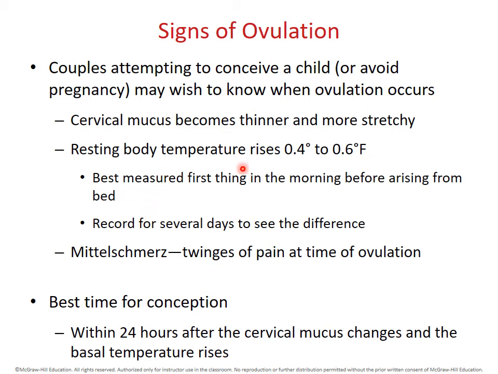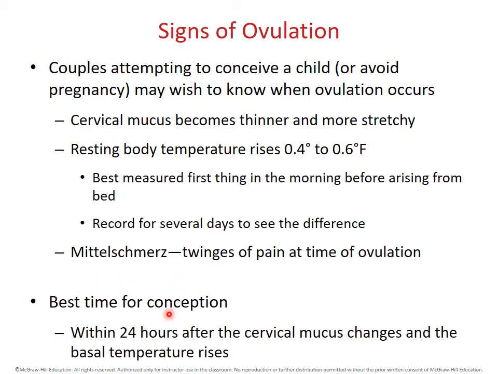Of course, body temperature fluctuates quite a bit anyway, so it's best to monitor temperature over several days to be able to pick up on an abnormal fluctuation. And in some cases, women can actually feel little sensations of pain during ovulation.